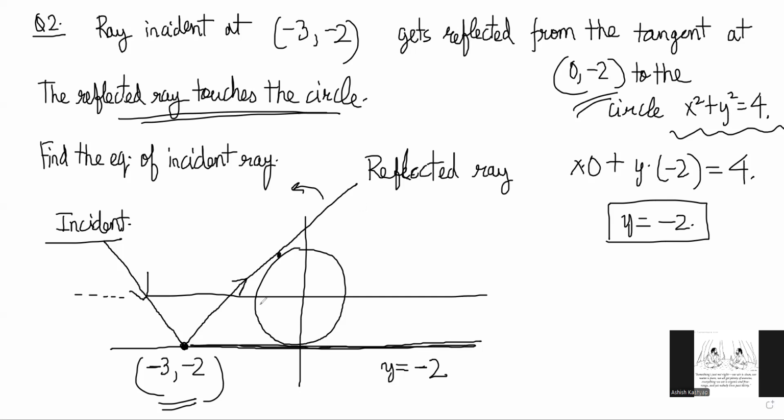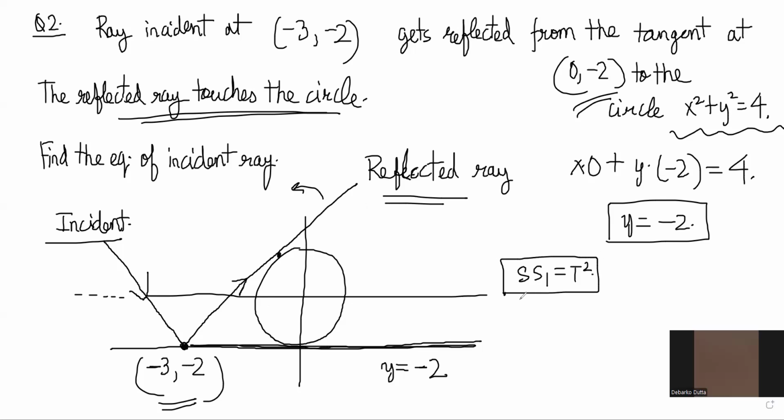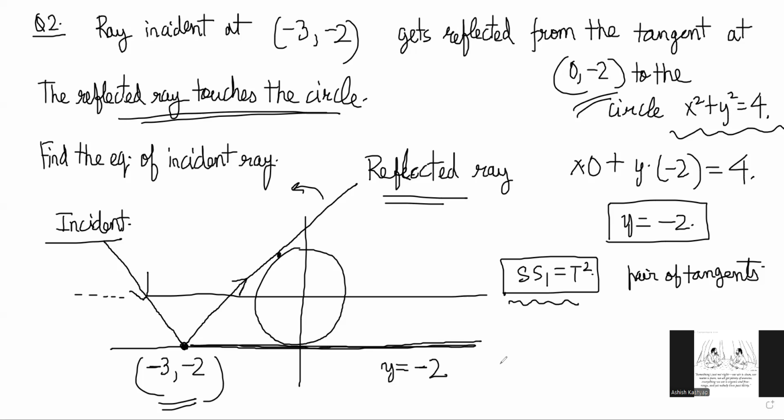We can find the equation of the reflected ray by using the SS1 is equal to T square concept, right? Yes, sir. See, this concept gives us the equation of the pair of tangents from an external point, right? And we already know one tangent.